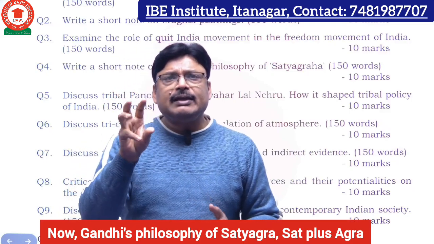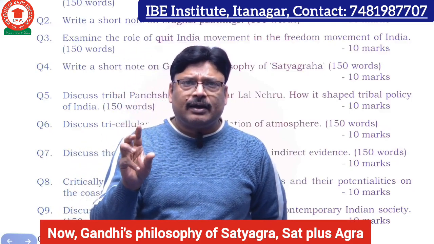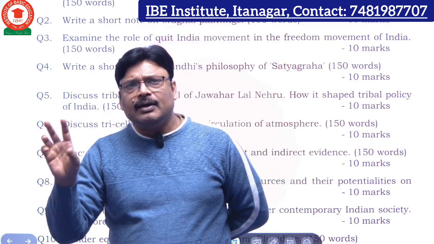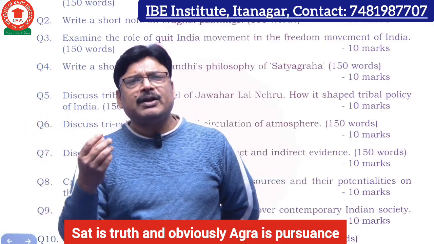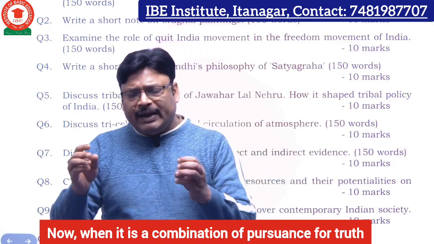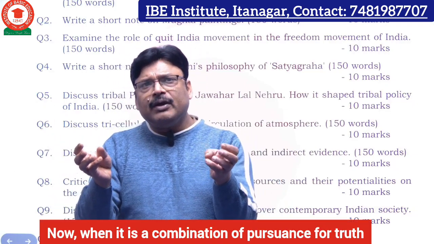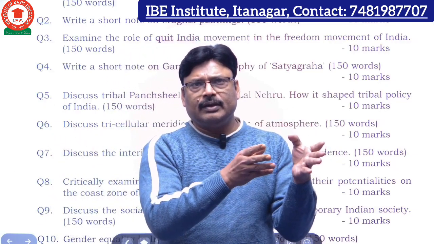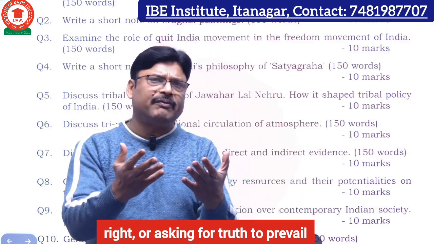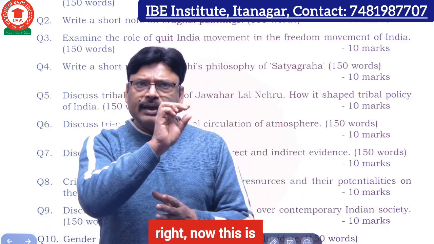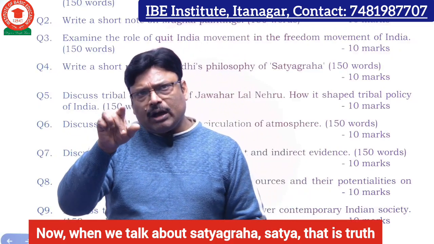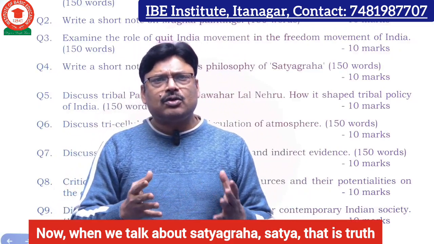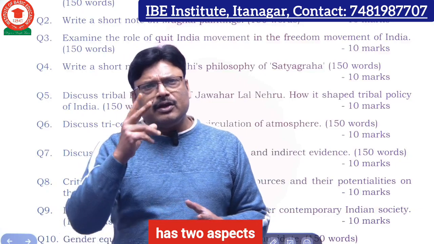Now, Gandhi's philosophy of Satyagraha: Satya plus Agraha. Satya is truth, and Agraha is pursuance. So a combination of pursuance of truth, or asking for truth to prevail, is what is meant by Satyagraha. When we talk about Satya, that is truth, according to Gandhi it has two aspects.